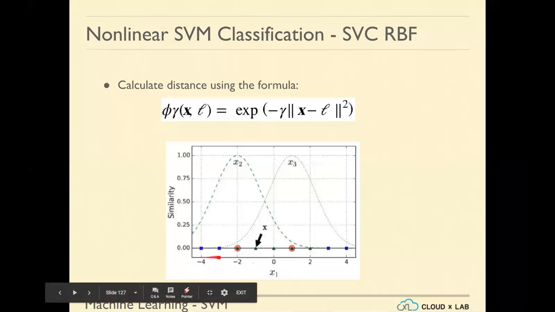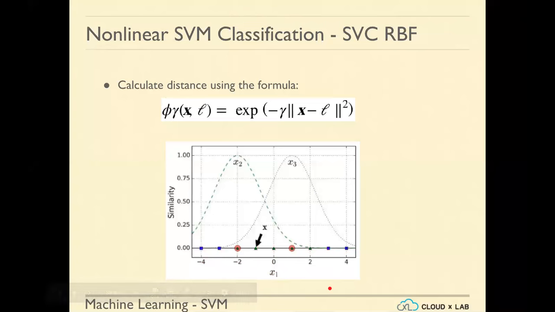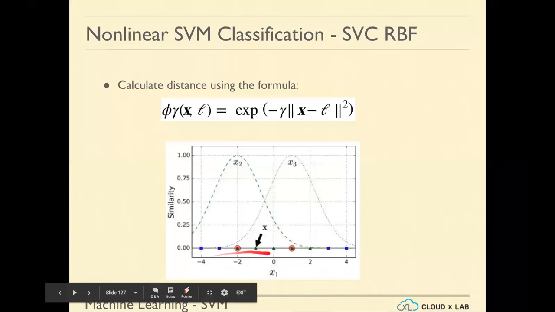So here x1 is one feature. Let's say there was only x1. And how many data points are there? 1, 2, 3, 4, 5, 6, 7, 8, 9. Let's say 9 instances are there. So there is one feature, 9 instances. Now we have just introduced two landmarks.